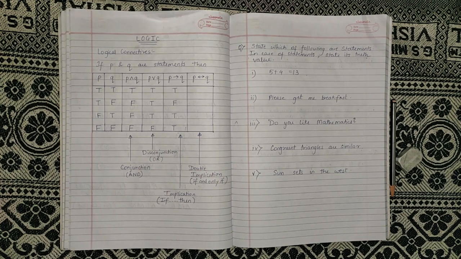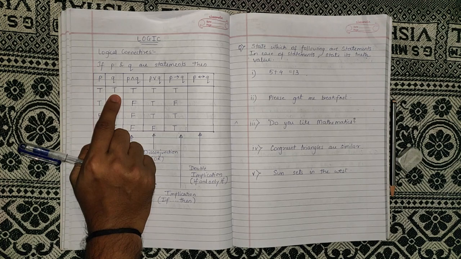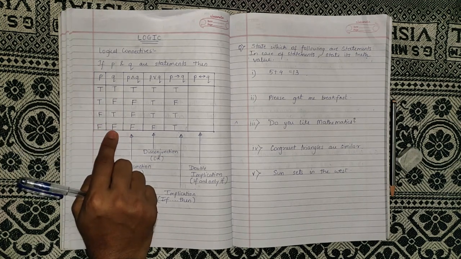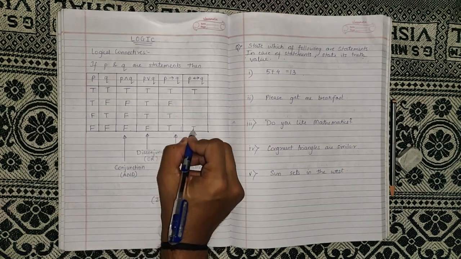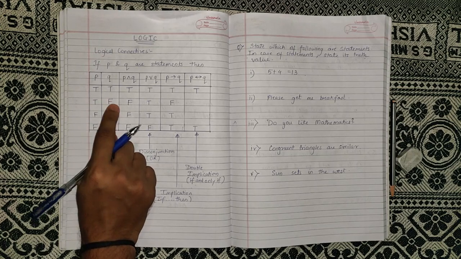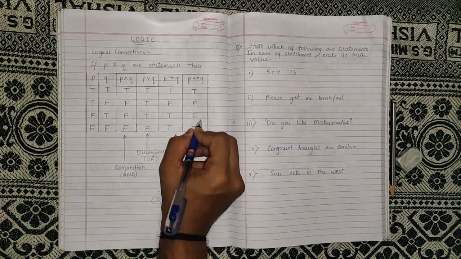And in the case of double implication, I told you that if both statements have the same truth value, that means if P and Q are both true or both false, we write true, and if the truth values are different, you write false.